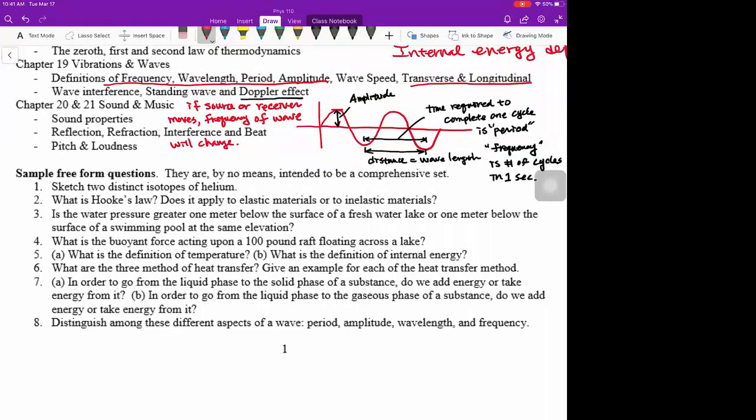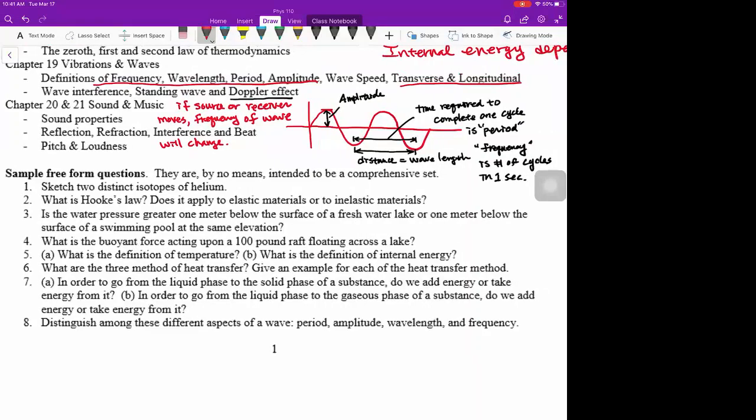Okay, great. Let me go through this simple question over here. Some of them I already answered when we did the review. Unless you have a question, I will just briefly tell you what I did before. The first one asks for the isotope of helium. I just drew two of the helium on the top.